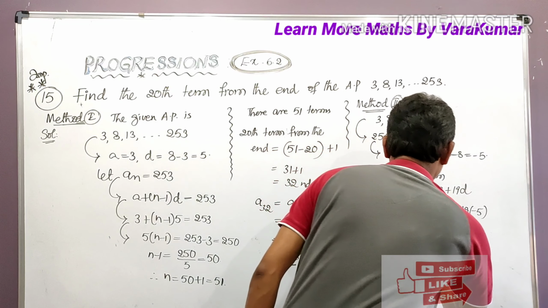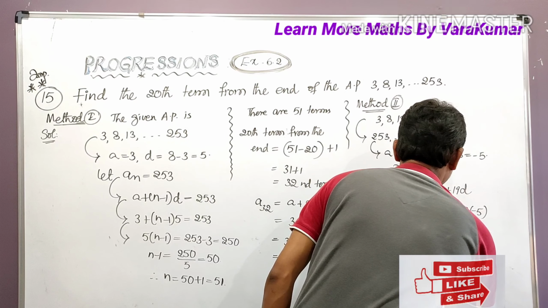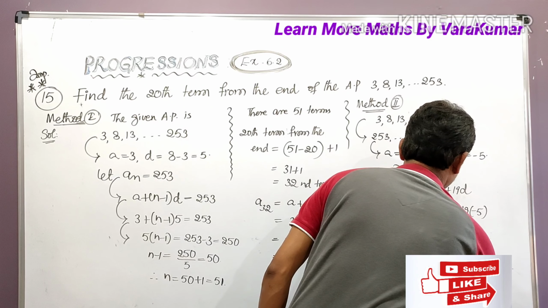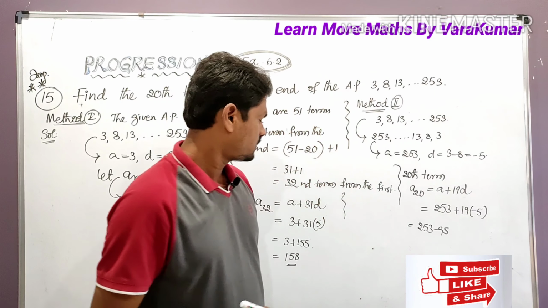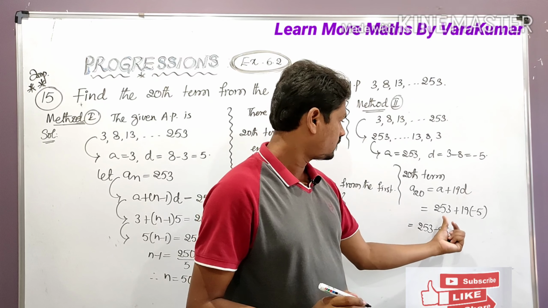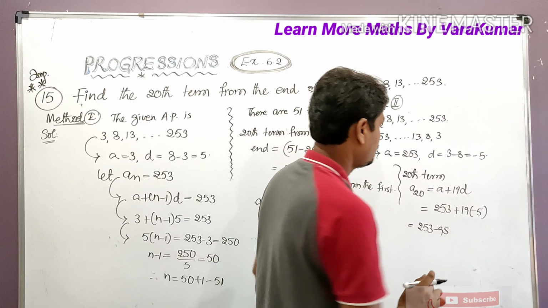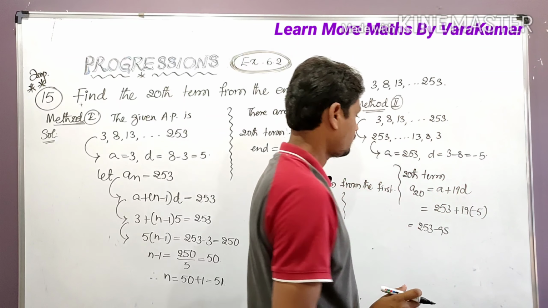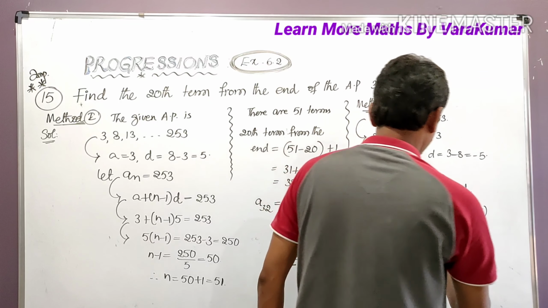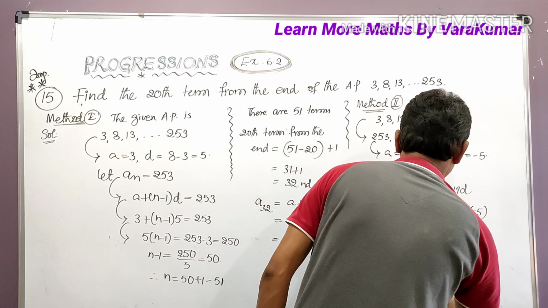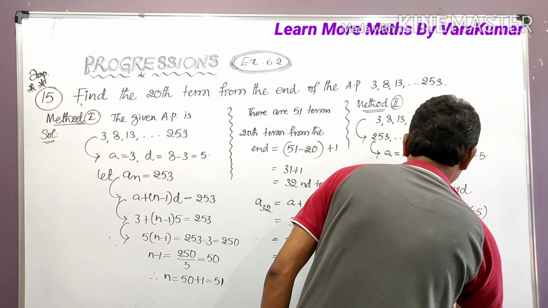Just substitute. 253, and 19 fives are 95, so minus 95. 253 minus 95, how much do we get? 158 again.